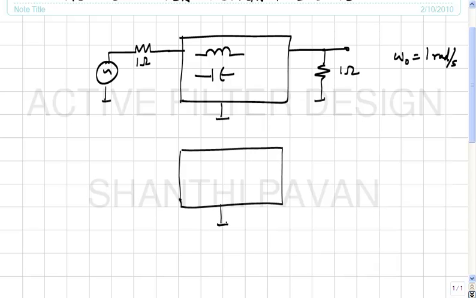you would want RT, the termination impedance, to be some RT ohms, and you want the cutoff frequency to go to not 1 radian per second but omega naught. Now let me not confuse you.